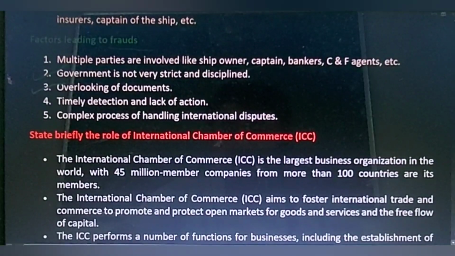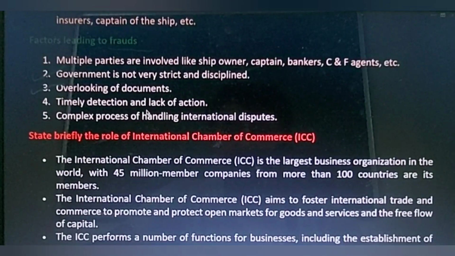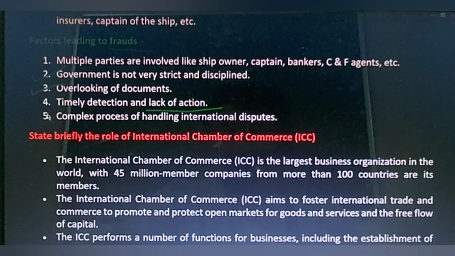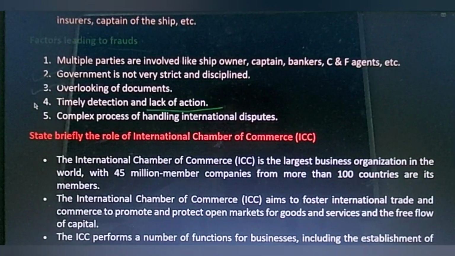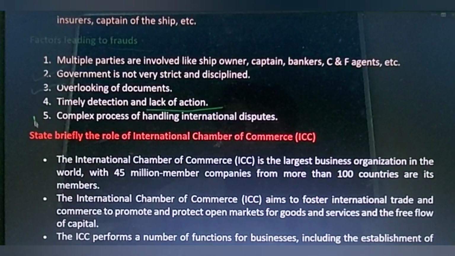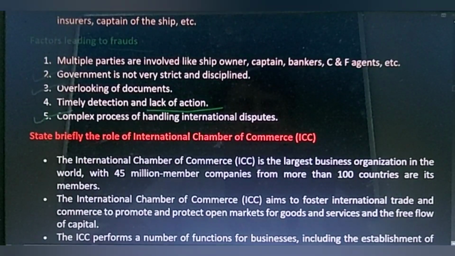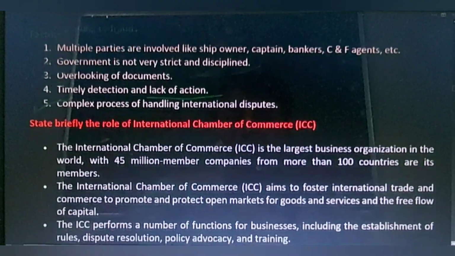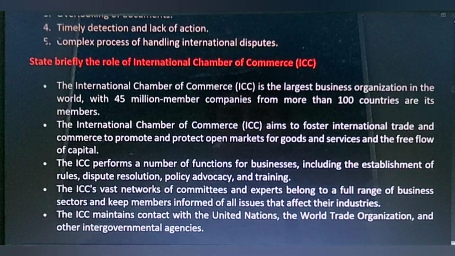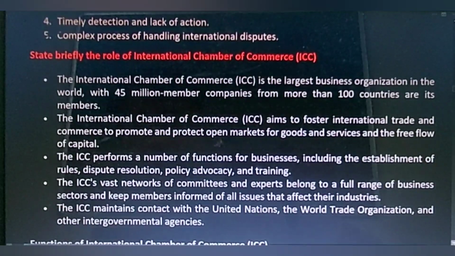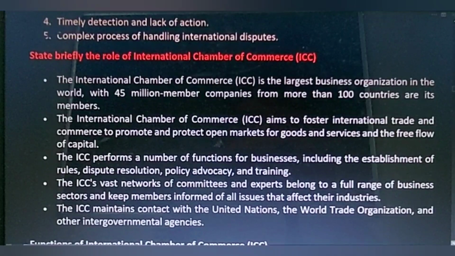Then there is lack of action. Even if the fraud is detected in time, the government sometimes is unable to take proper action against that. And there is a complex process of handling international disputes, because international dispute settlement bureaus, जो भी organizations हैं, तो बहुत ही lengthy process है.